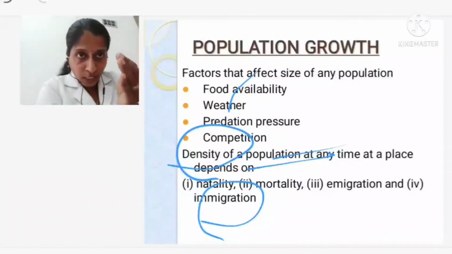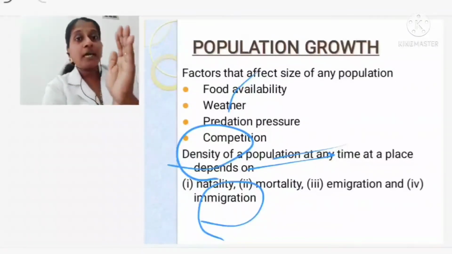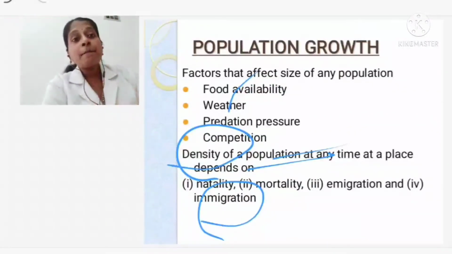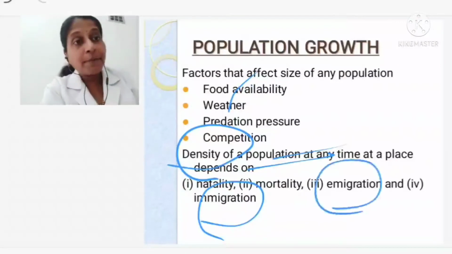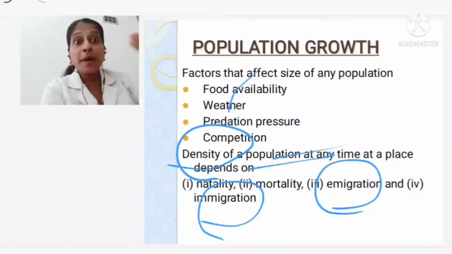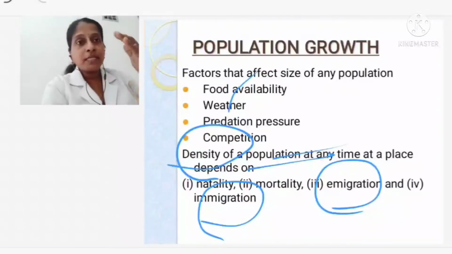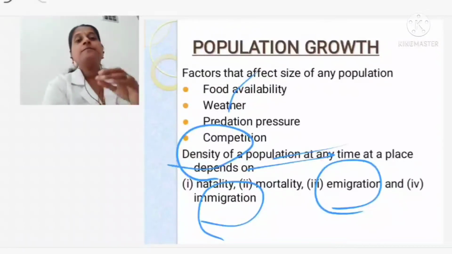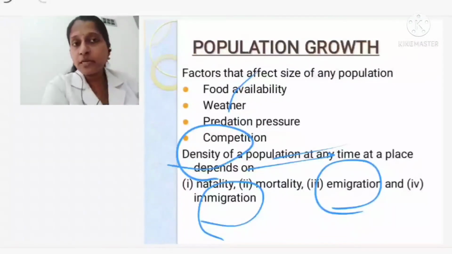Immi means moving into: from America people are moving into India, that is immigration. From India people are moving out to America, that is emigration. Understood? Permanently they are moving out, becoming a citizen there. Permanently they are coming in and becoming a citizen here. So that one we call immigration and emigration. Just for a time being you are going visiting, that is not immigration and emigration.